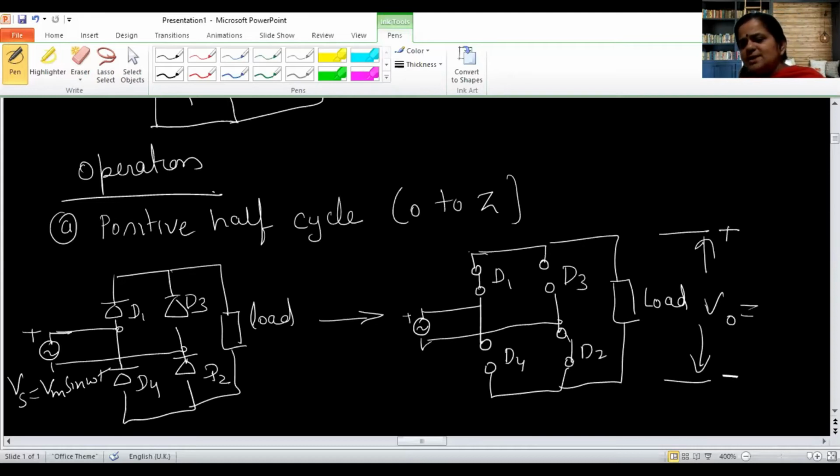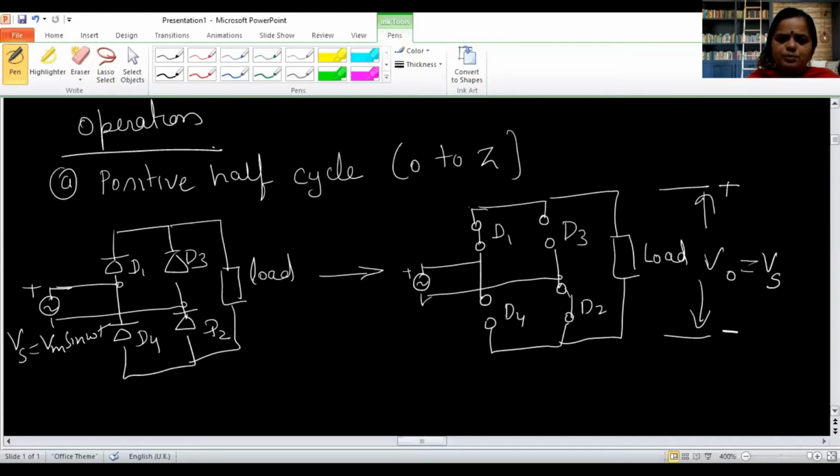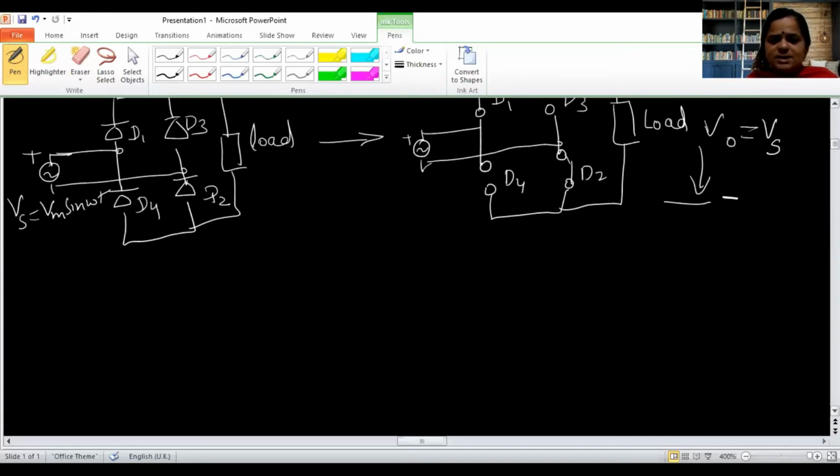So through the D1, D2 short circuit, the supply voltage is directly connected to the load. So the output voltage will be equal to the supply voltage with upper terminal positive and lower terminal negative. Now let us talk about the next half cycle, that is the negative half cycle.